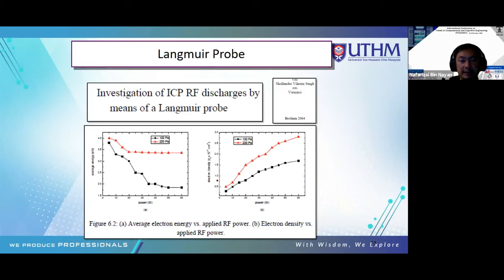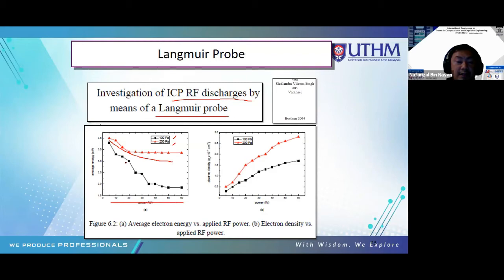This is another example where they use a Langmuir probe to investigate the ICP RF discharge. You can see they vary the power of the discharge, and then they vary the pressure, 100 Pascal and 200 Pascal. When they increase the power, you can see that the average energy inside the plasma is decreasing.